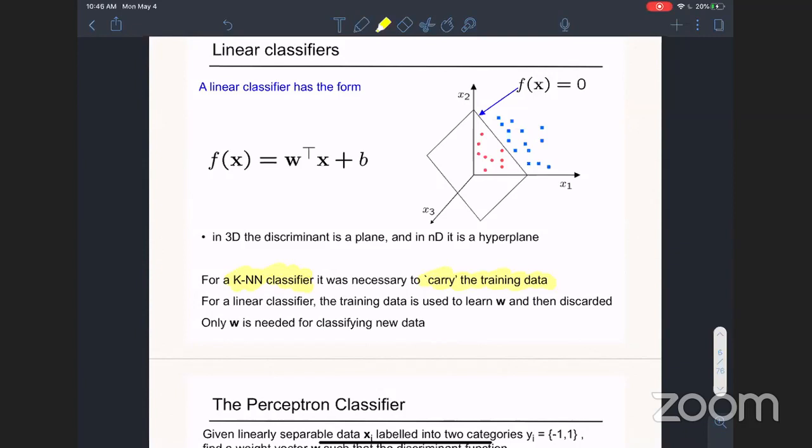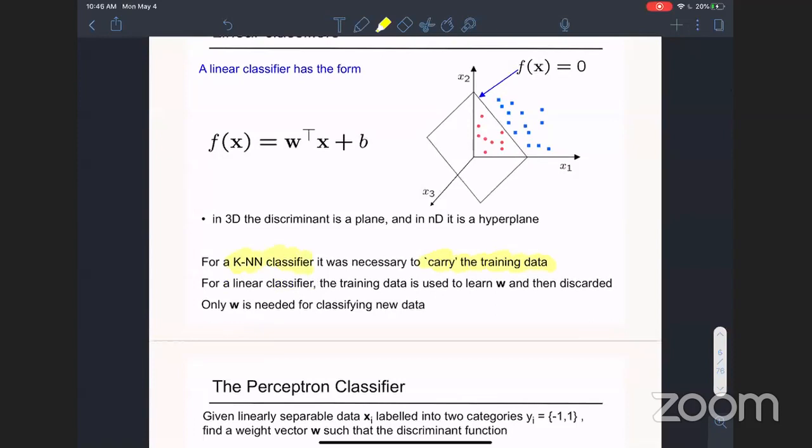But in terms of these linear classifier models that we're going to talk about, we just learn W and then we discard the training data, right? Now everything depends on how this function f(x) evaluates on a given test sample. And the only information you need to have is W and B, which are the parameters. So you don't care about the training data. Only W and B are needed for classifying new data.